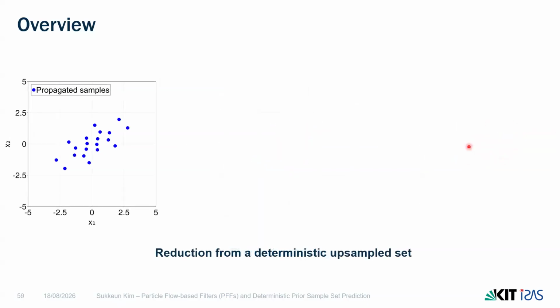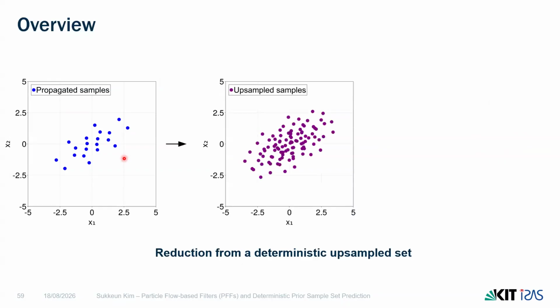And the last one is reduction from a deterministic observable set, which is quite a simple and easy idea. What we want to do is add the deterministic noise to each sample. So if we start with 10 samples and add a noise sample set of 5 to each sample, it becomes like 50.